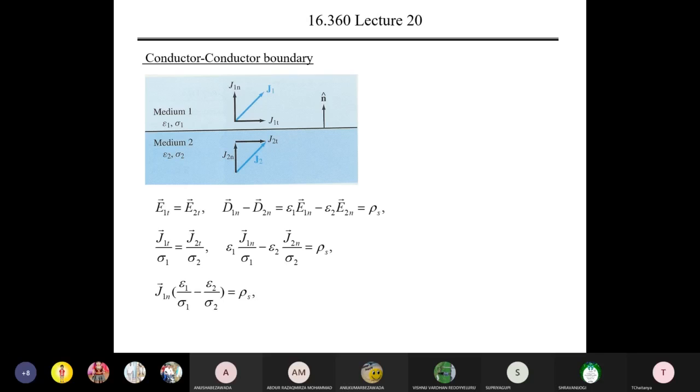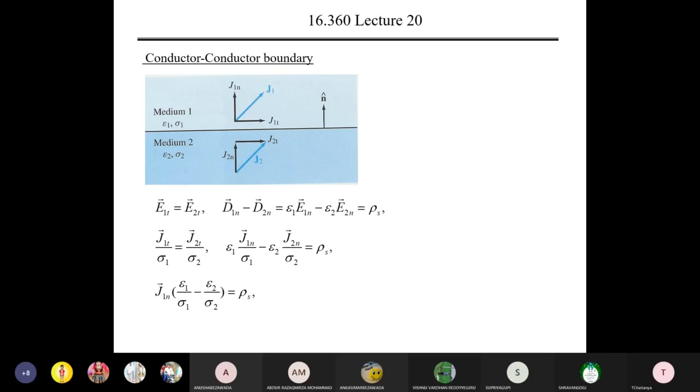So J1T by sigma 1 equals J2T by sigma 2, and quite similarly epsilon 1 Jn1 by sigma 1 minus epsilon 2 Jn2 by sigma 2 equals rho s. From this you can consider the normal value to be common, because both fields are in the same kind of medium: medium 1 is a conductor and medium 2 is also a conductor.